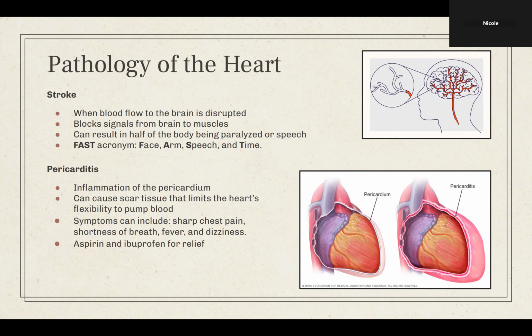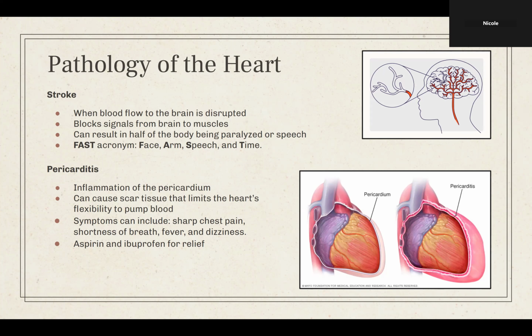And to memorize these symptoms, you can use the FAST acronym. So F is for face, where you can ask a person to smile, and if their smile is droopy, that's a sign that they could have a stroke. Next is A for arm.